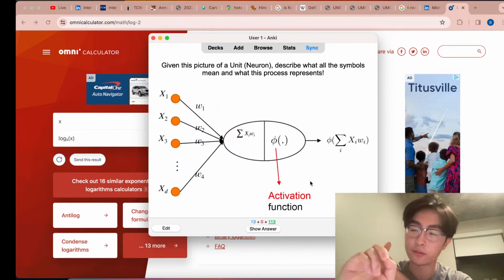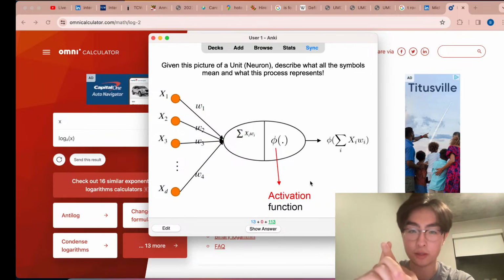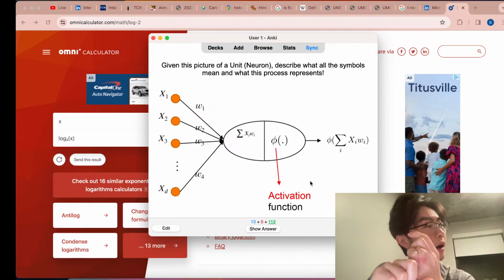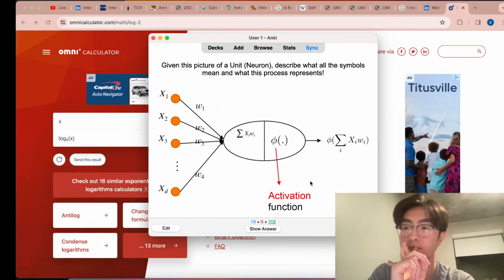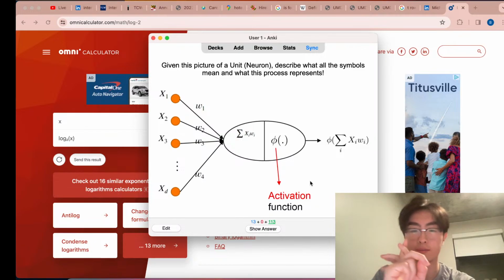Some common activation functions are going to be your rectified linear unit, I think that's ReLU, sigmoid, so that's an S-shaped function, and then what's the last one? I'm blanking. Softmax. Or Soft Plus, I think.